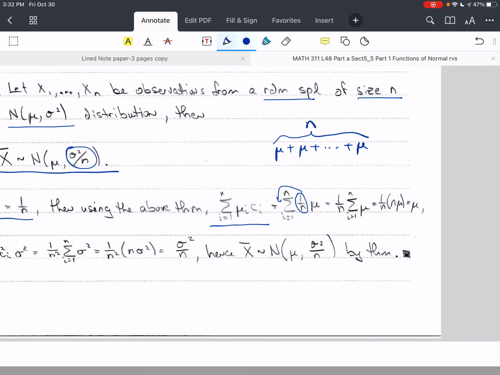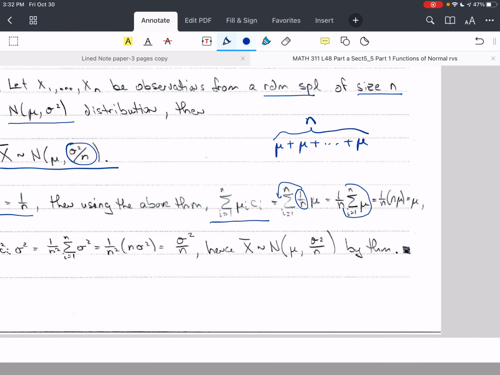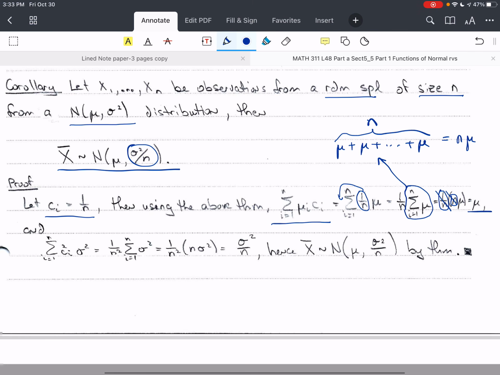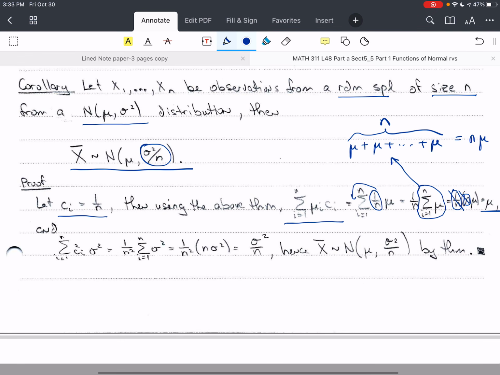That's what this term here is equal to, and so this is equal to n times mu. And so we have 1 over n times n, so those cancel, times mu, and so that leaves us with mu. Okay? And we have the sum of ci squared sigma squared.